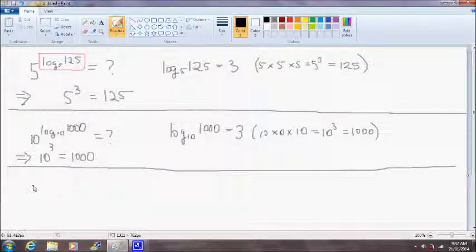Let's say I have the expression x raised to the log of base x of, say, x to the fourth power. And what does that equal?